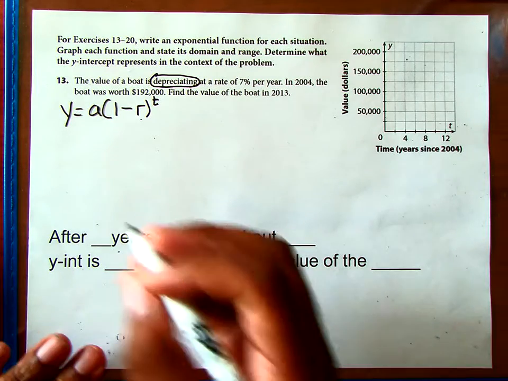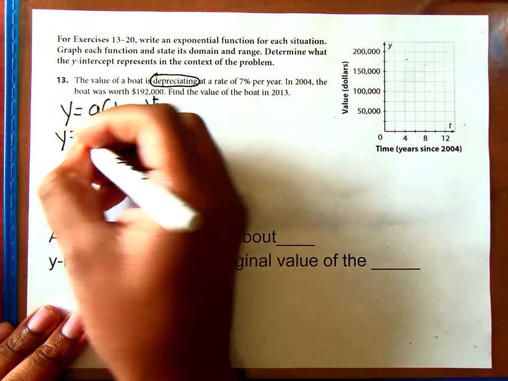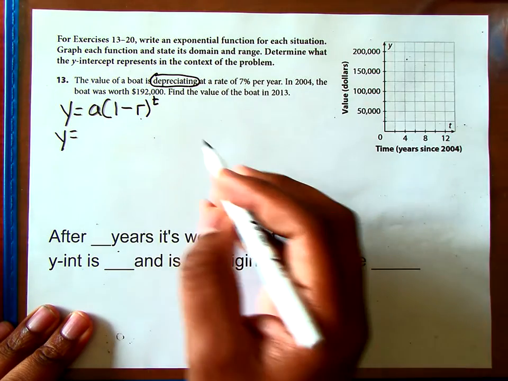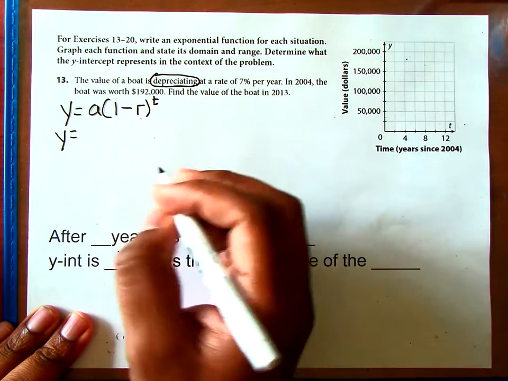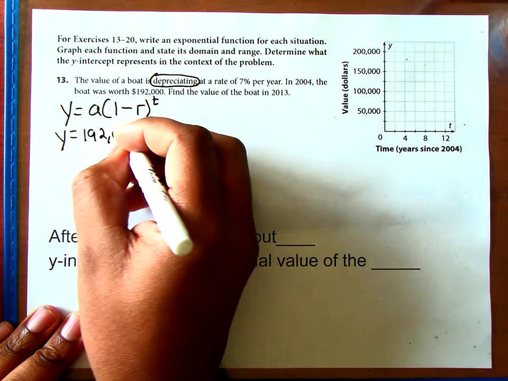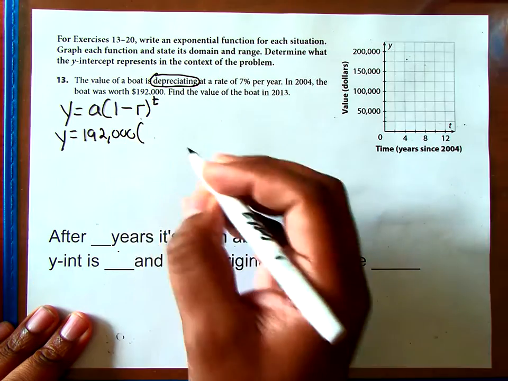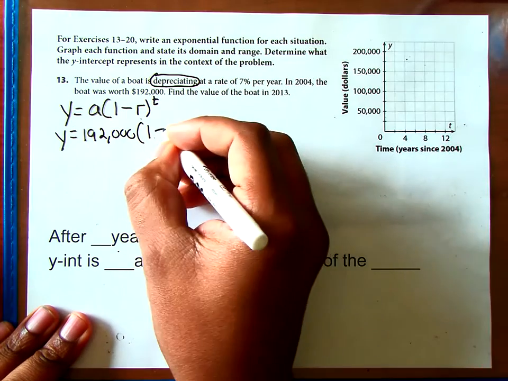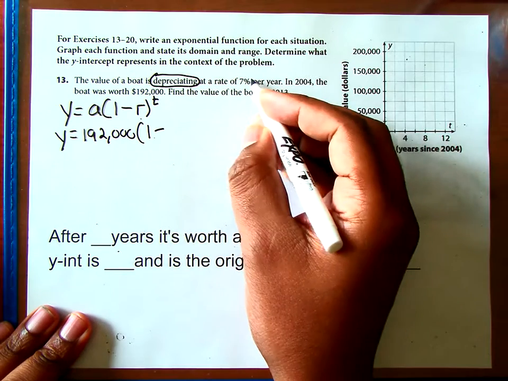So now I'm going to plug in my values here. So I have y is equal to a, which is my original amount right here, 192,000. Okay, and I'm going to multiply that times 1, which is always in the function, minus the rate. And the rate is 7%.